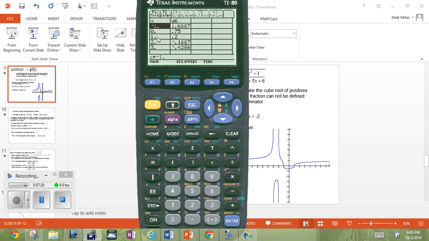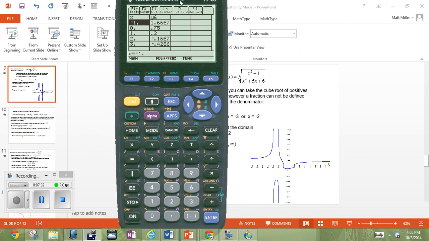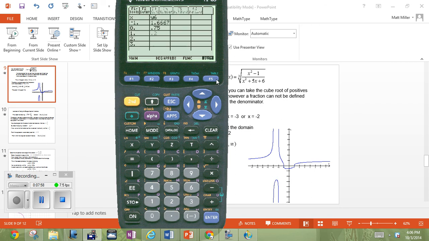So what's happening? We said that the graph, go back to the graph a minute, that the graph will never get to a y value of -2. So we're going to imagine putting in larger and larger values of x, because it seems like if you keep increasing the values of x, this thing is going to start getting towards -2. Well, let's show you from the table perspective, second F5, how that is the case.